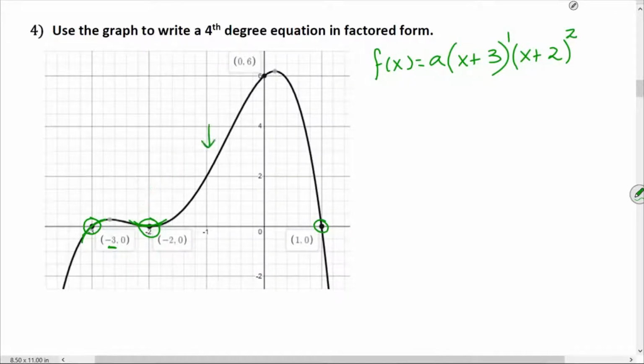Then finally at this zero, the factor I would need to get a zero at +1 would be x minus 1. This crosses through it, which means it has an odd multiplicity, and it crosses through very cleanly without any extra curvature, so it must have a multiplicity of 1. Typically we don't write an exponent of 1, so I'll go ahead and erase these, but that's how I thought through those problems.